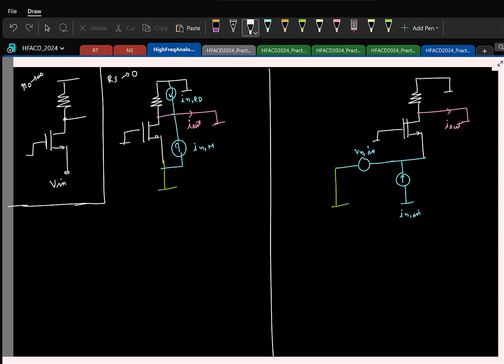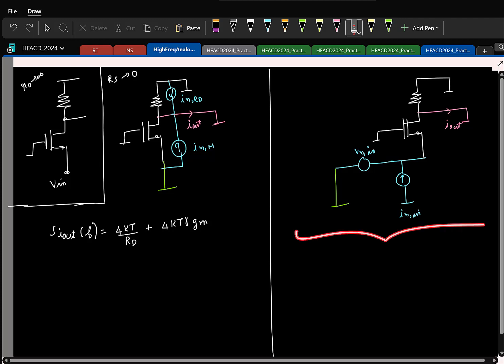With the sum of the two, again it's the same as what we had before. So I'll directly write S_Iout(f) will be the two power spectral densities added. So here you have found the noise current.